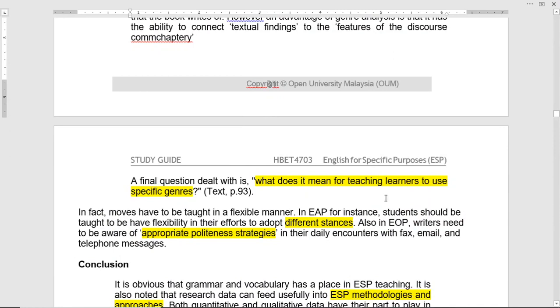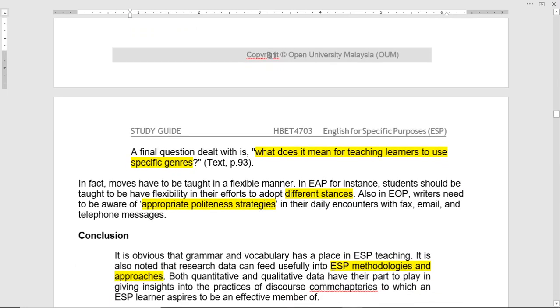What does it mean for teaching learners to use specific genre? That is, to adopt different stance, they may use a genre.